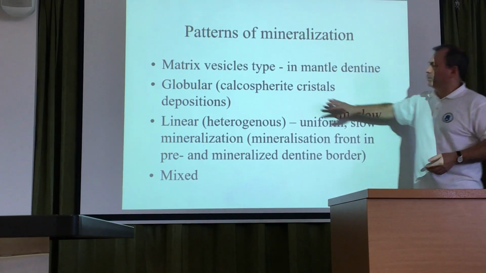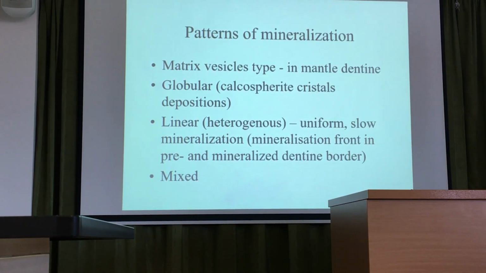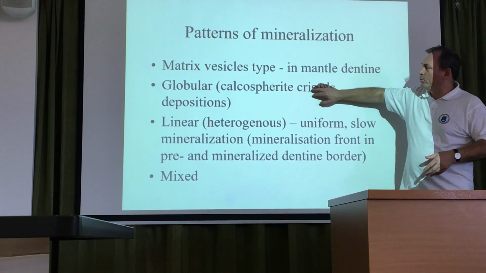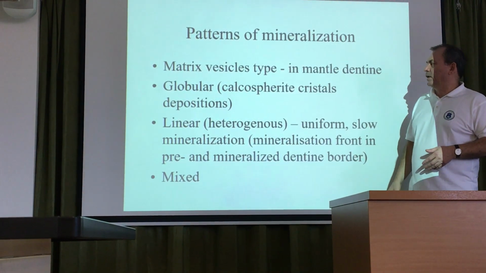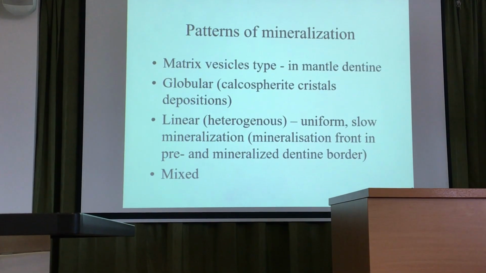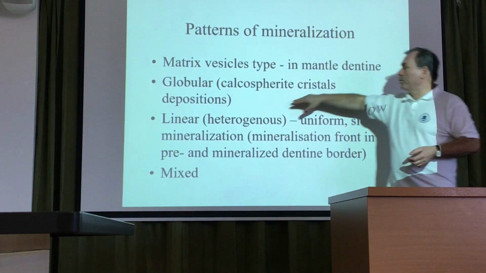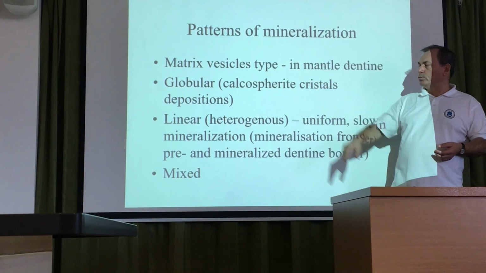And there will be globular mineralization in some areas. These globules, these balls, are named calcospherite crystals in the dentin, and these occur in areas, for example, the interglobular dentin.